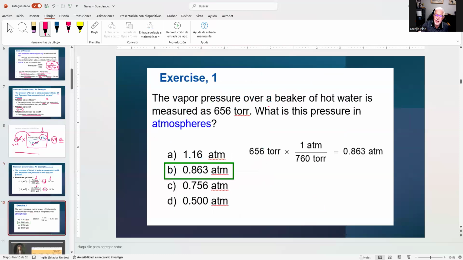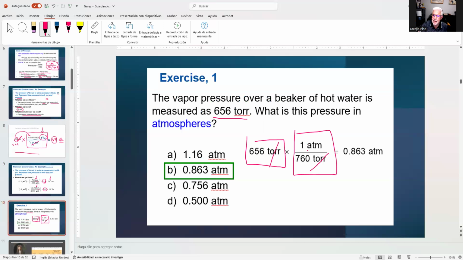Here you have another question. The vapor pressure over a beaker of hot water is measured as this amount. That is what is given. What is the pressure in atmosphere? Then I use this conversion factor in such a way that I can cancel torr with torr.